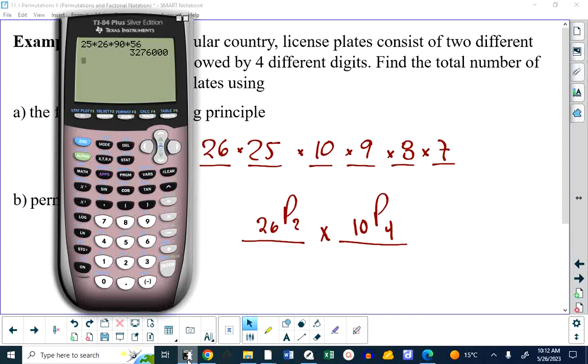I'm going to go under the assumption here that you can enter this. I'll do this one, just this one. 26P2 times 10P4. Oh, geez, I just can't stand that. Give me a second.